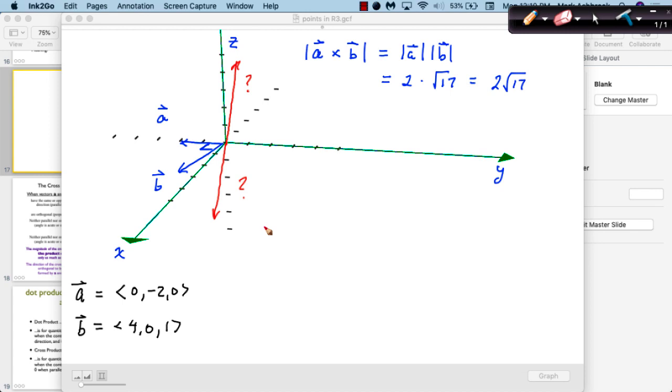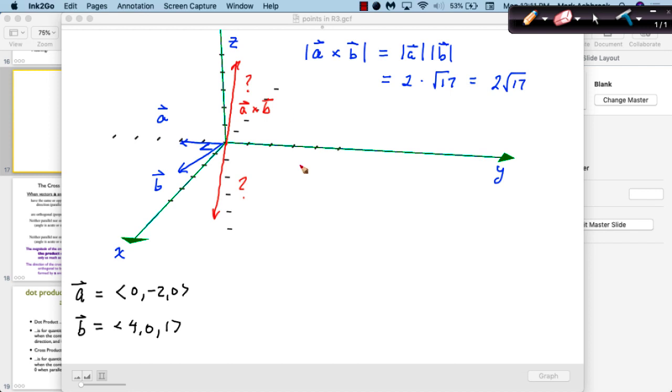I turn A until I can curl towards B, and then my thumb tells me the direction. That's called the right-hand rule. So A cross B is this one back here. So I got the general direction of it, and we know the magnitude is 2 radical 17.